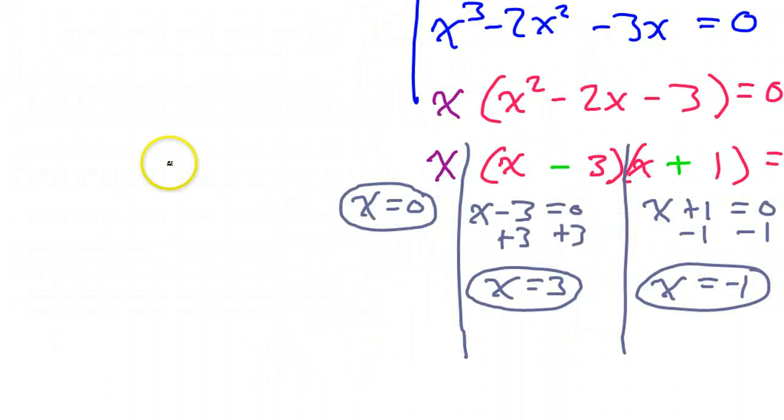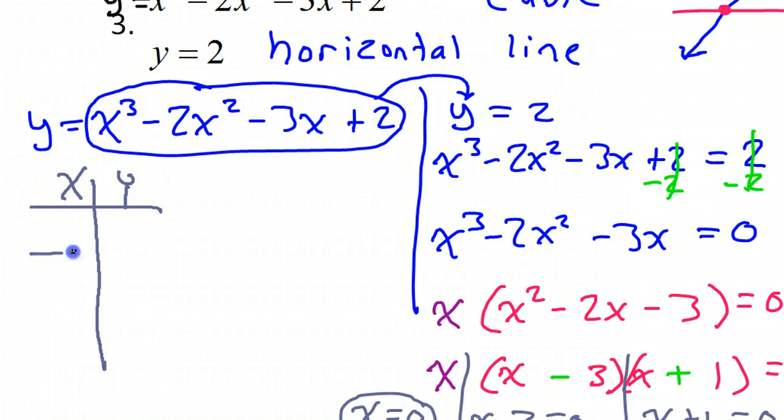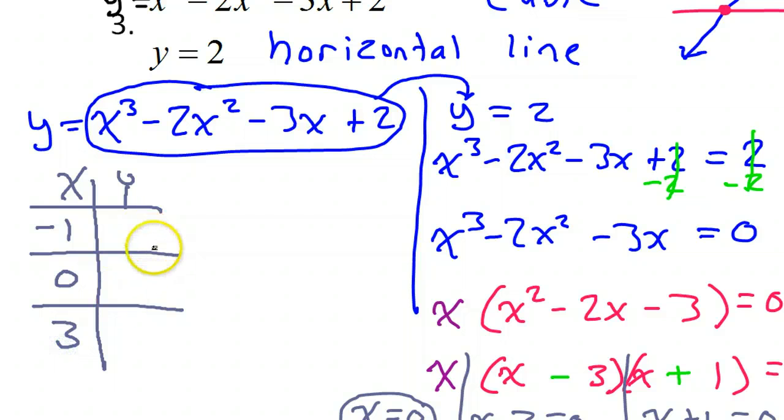Let's make a t-chart. Okay, here's my t-chart, an XY chart. So I have 3 x values to play with: negative 1, 0, and 3. We need the y values to go with it. But hey guys, let's use this equation for y, because that's the simplest one to deal with, isn't it? y equals 2.